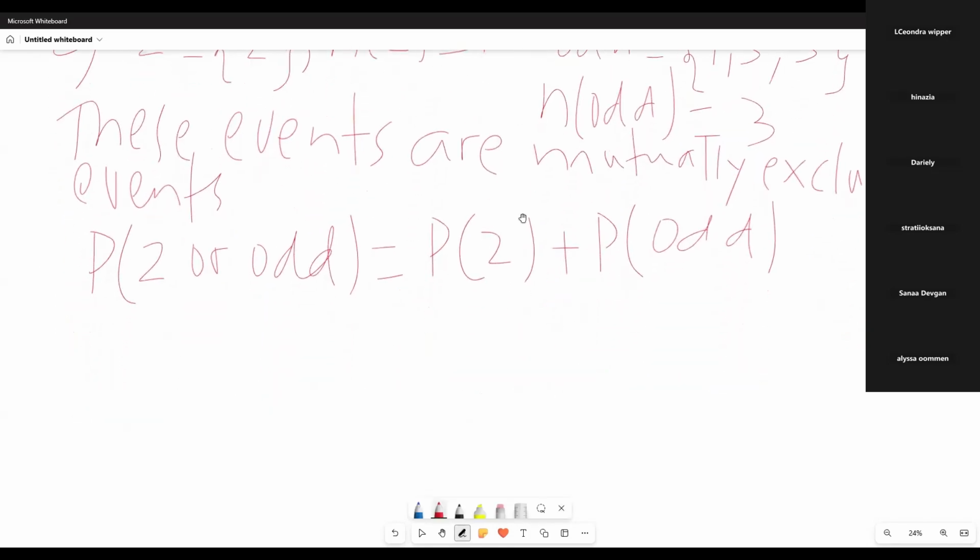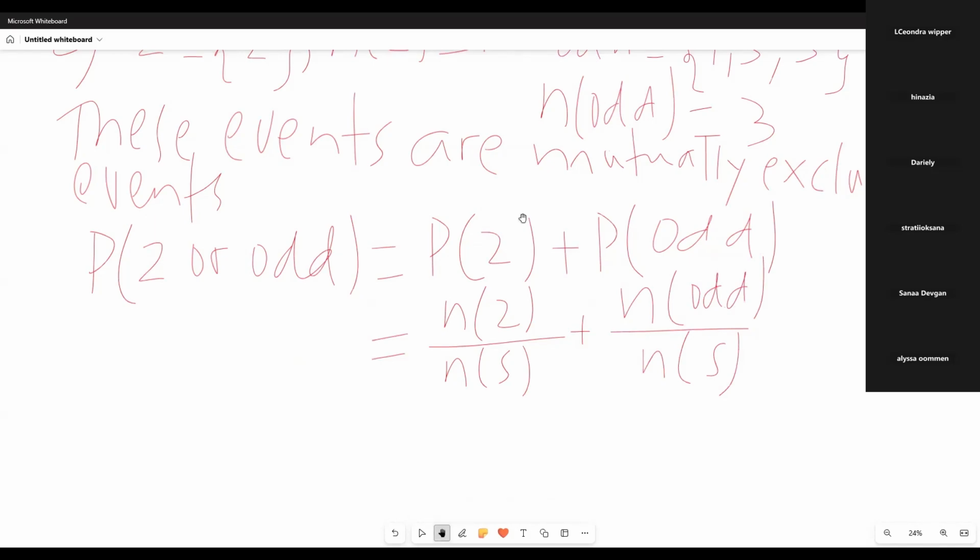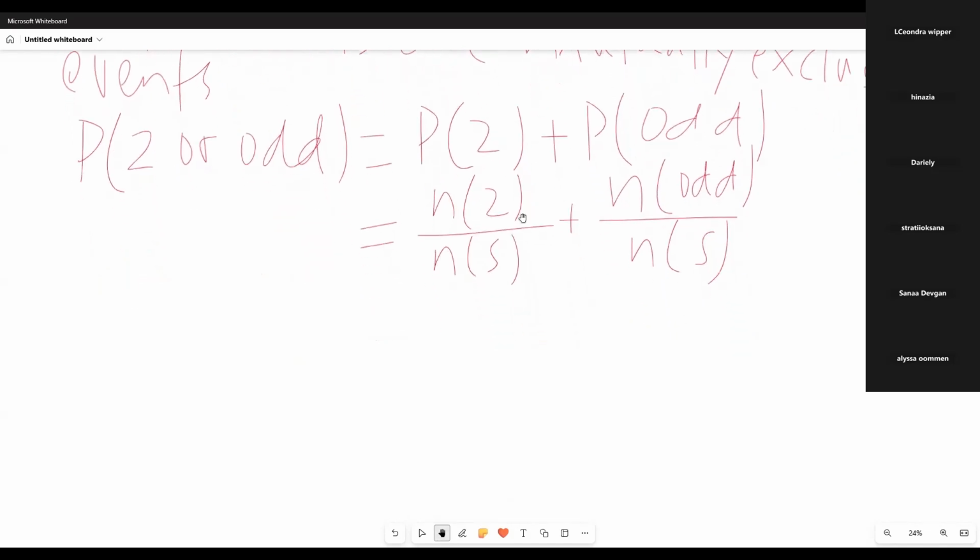So that gives you N of 2 over N of S plus N of odd over N of S. That's 1 over 6 and that's 3 over 6.